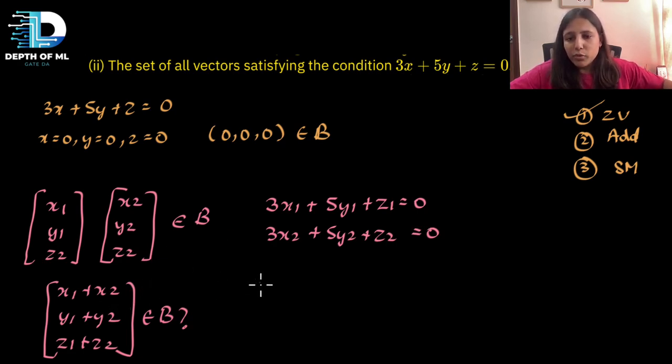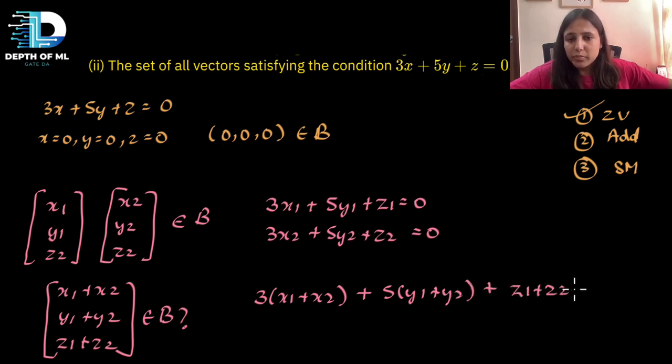Now if I can prove that 3(x1 plus x2) plus 5(y1 plus y2) plus (z1 plus z2) is also equal to 0, then this vector belongs to B, and then this is closed under addition, right?